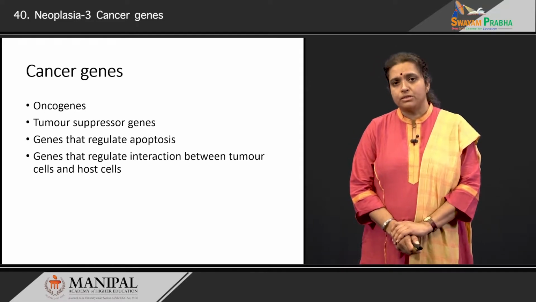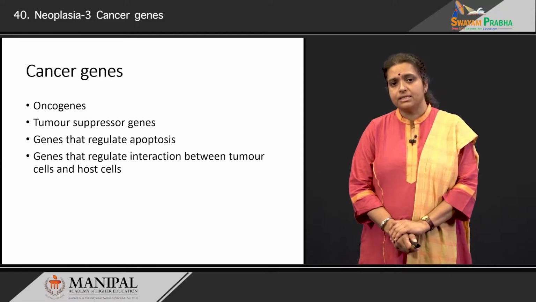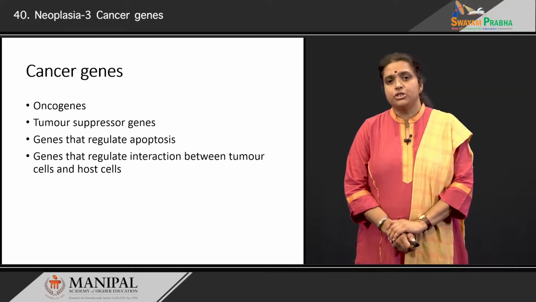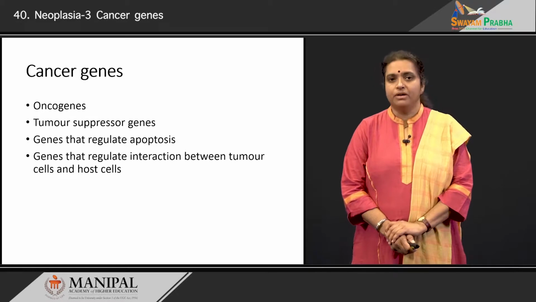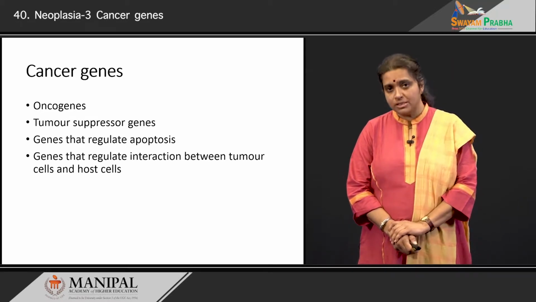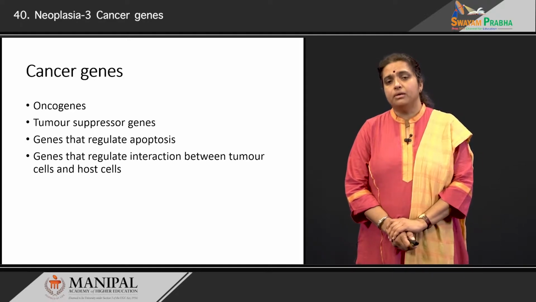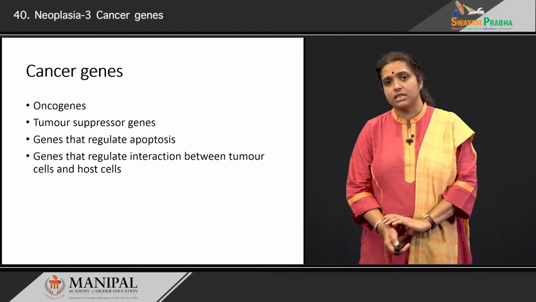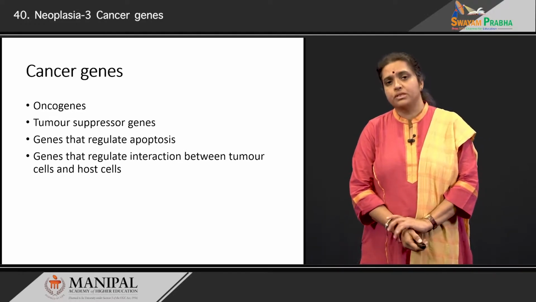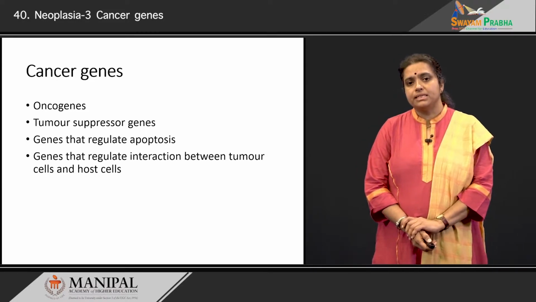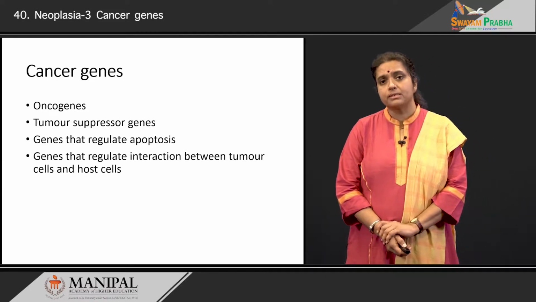The second class of cancer genes are what are known as tumor suppressor genes. Even these tumor suppressor genes are normally found in cells, and when they become altered or lost, because the normal function is lost, the cell transforms into a malignant cell. The third class of cancer genes are genes that regulate apoptosis.